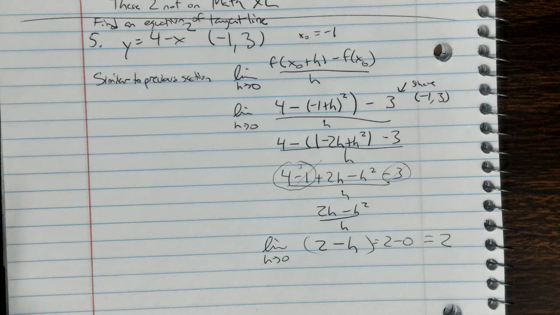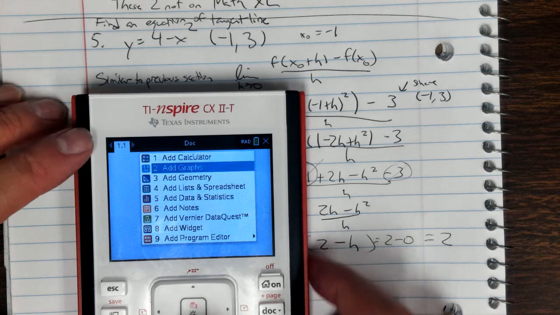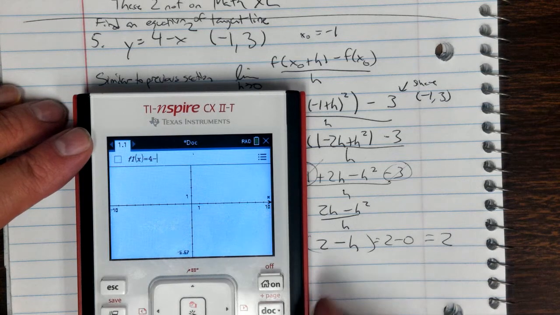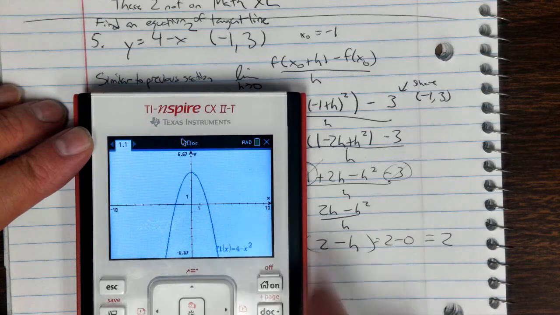Now, there's a more efficient way, and the better way is just on your calculator, add a graph, and you put in 4 minus x squared, press enter. There's your graph.